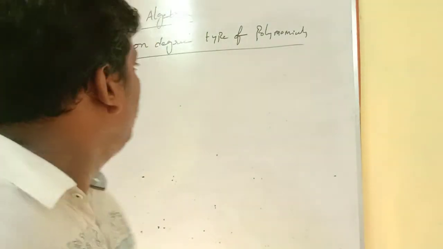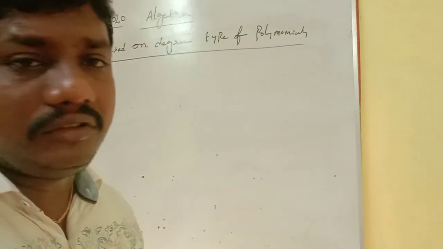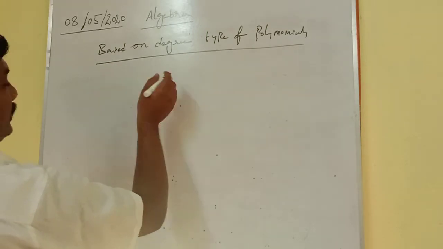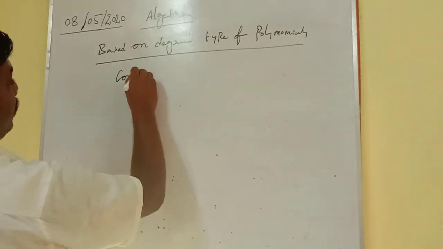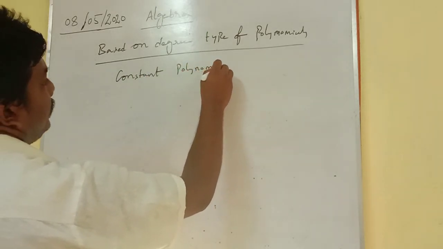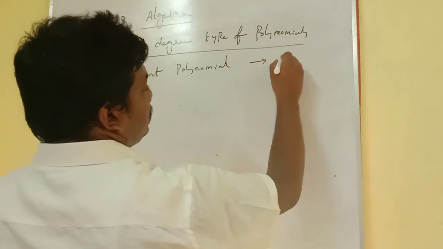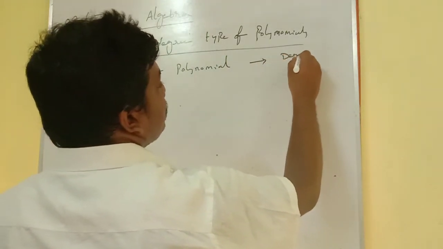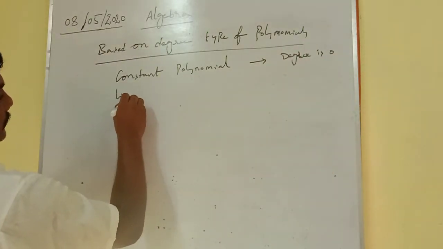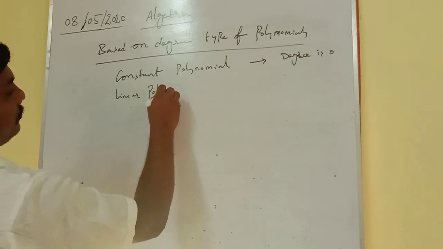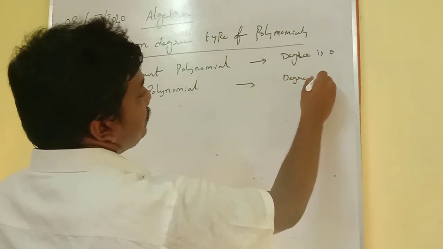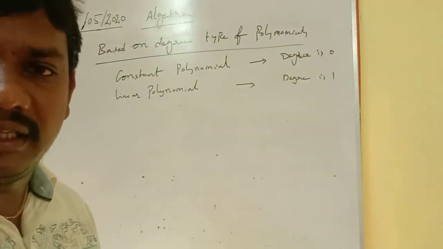But coming to the types of polynomial based on the degree: if a polynomial has degree 0, it is a constant polynomial, whose degree is 0. Next, linear polynomial, whose degree is 1.